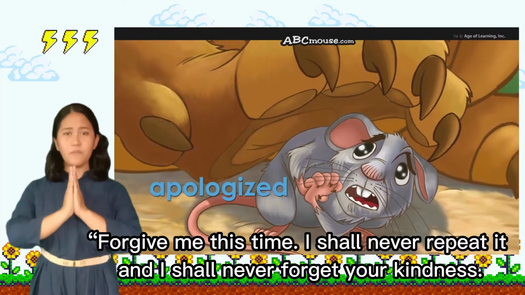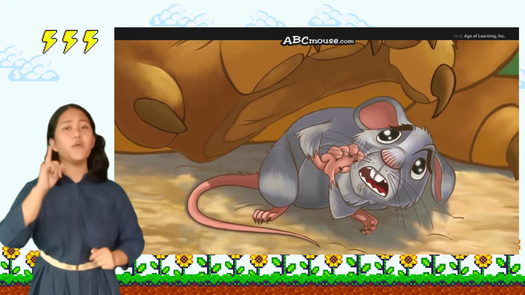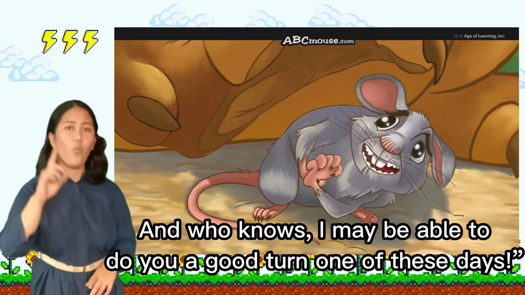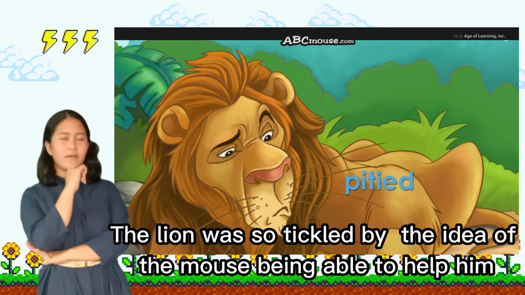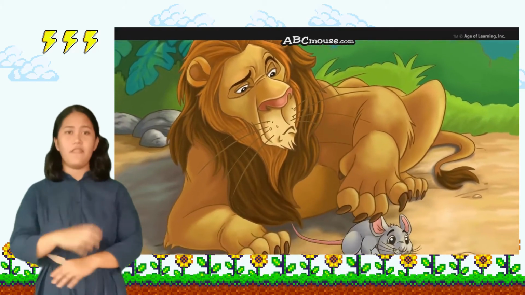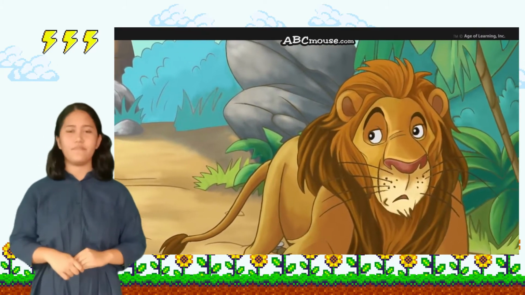I shall never repeat it, and I shall never forget your kindness. And who knows, I may be able to do you a good turn one of these days." The lion was so tickled by the idea of the mouse being able to help him that he lifted his paw and let him go.